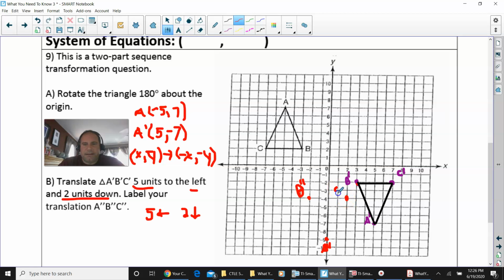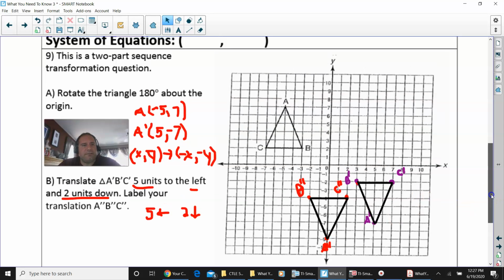And that's C double prime. Connect those points, and you have your second transformation. You have your translation, 5 units to the left, 2 units down. You rotated it 180 degrees about the origin. You are finished, and that is the answer.